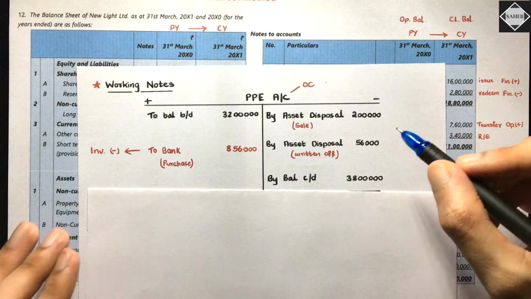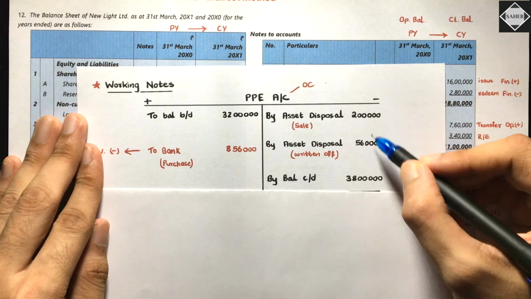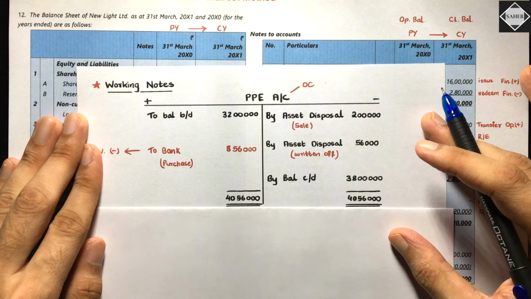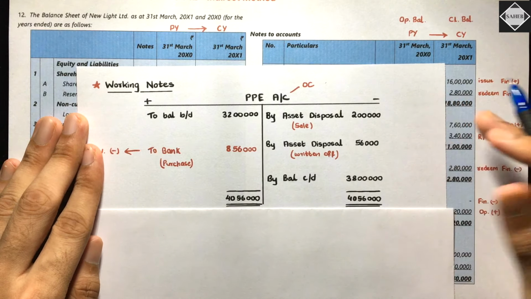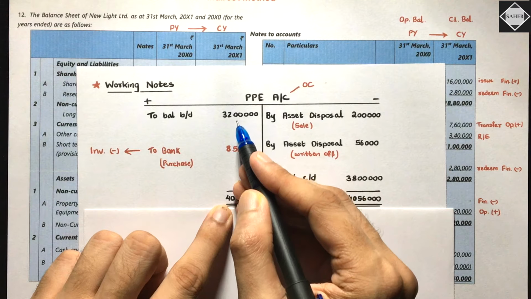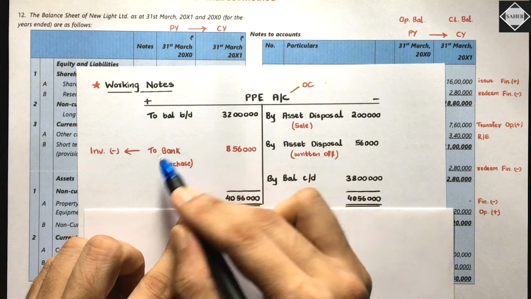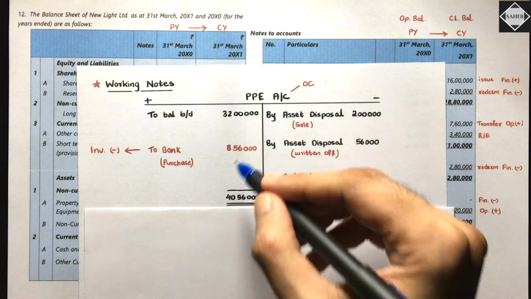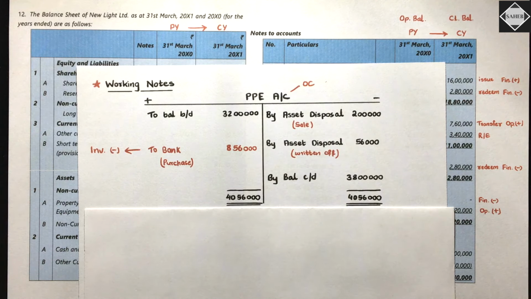So see here, the credit side is bigger. 2 lakh plus 56,000 plus 38 lakhs is equal to 40 lakh 56,000. Take it on both sides, and then 40 lakh 56,000 minus 32 lakh gives a balancing figure of 8 lakh 56,000. So what is this balancing figure on the debit side?